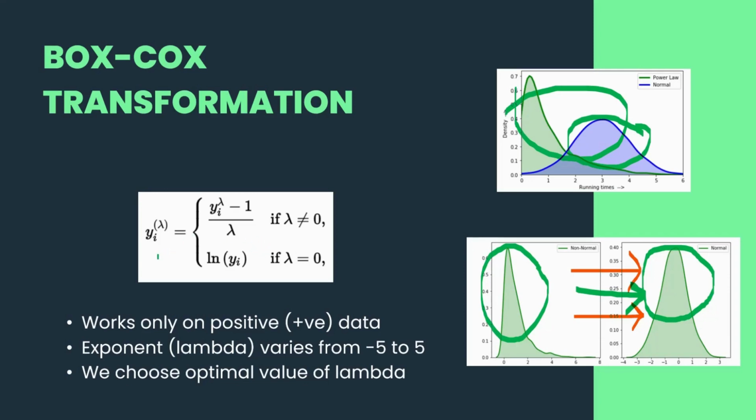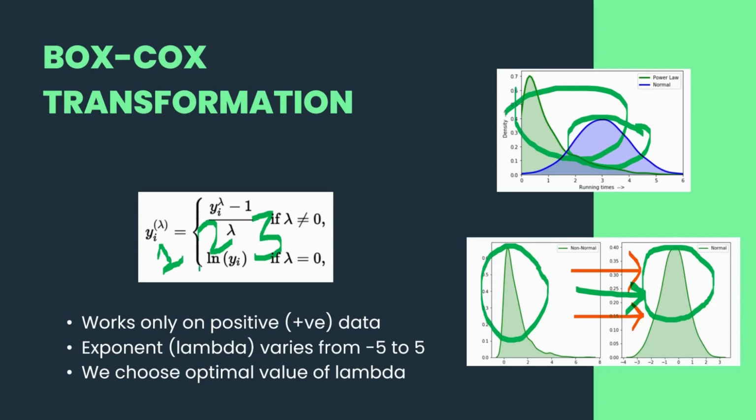Your value of lambda can be 1, 2, or 3, so we go on finding the optimal value of lambda. One thing you have to make sure is that while you apply Box-Cox, all the data inside your feature are positive, because with negative data Box-Cox transformation does not work.